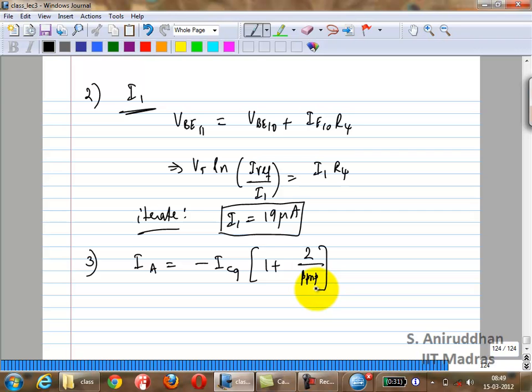This includes your base current also. Correct? You have IC9, you have 2 over beta times the 2 base currents flowing out also. That gets added, so you have IA. Correct? So this is the first equation you can write.